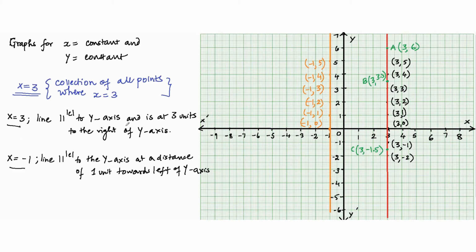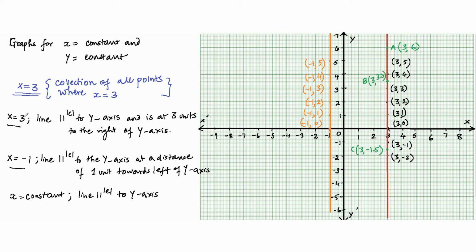So when x is equal to a constant, I can conclude that it is basically a line parallel to the y-axis, and the distance of that line from the y-axis is going to be equal to the value present in the equation.